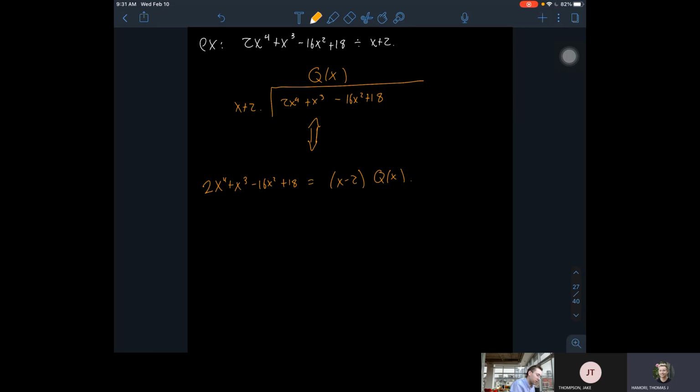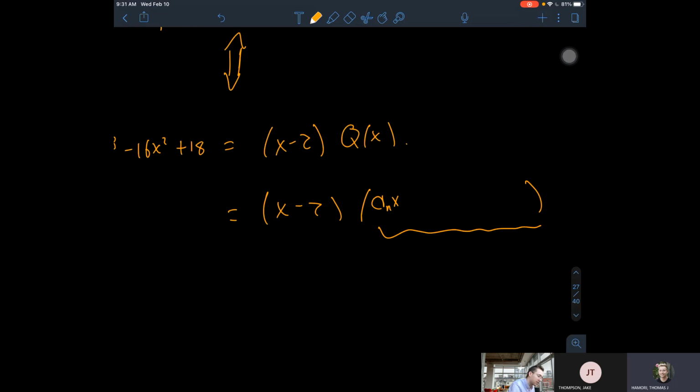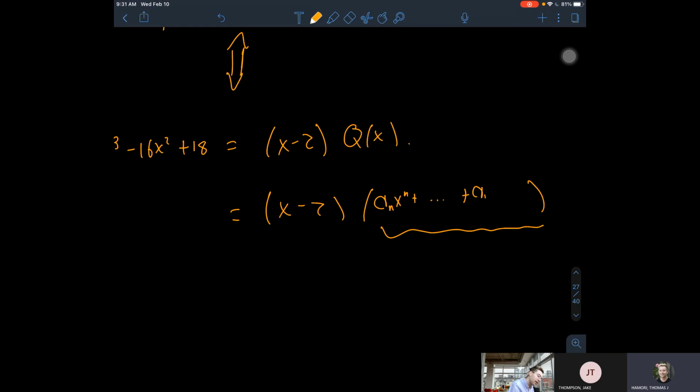Now, if q of x was a polynomial, I could rewrite the right-hand side as x minus 2 times something, where this is some polynomial like a_n x to the n plus dot dot dot plus a1x plus a0, right?